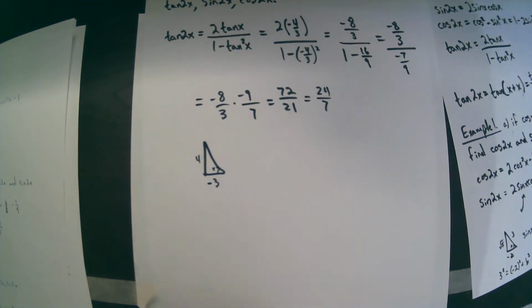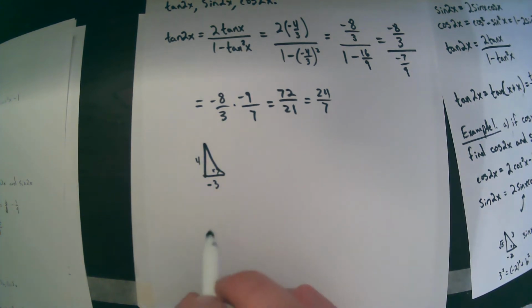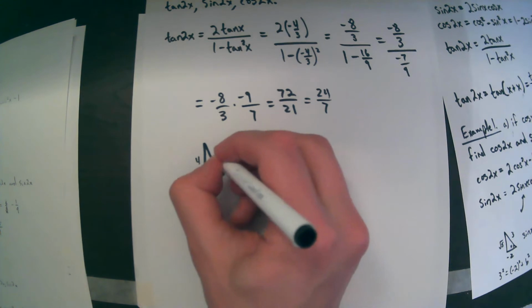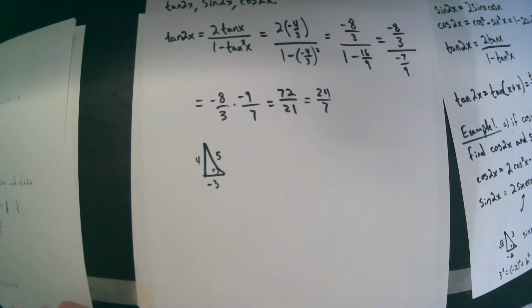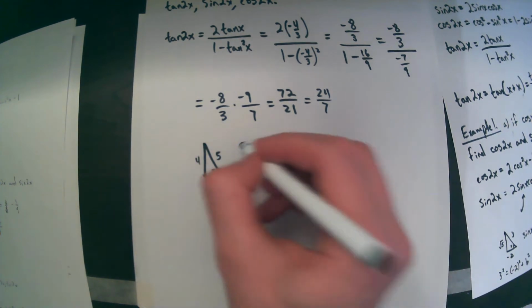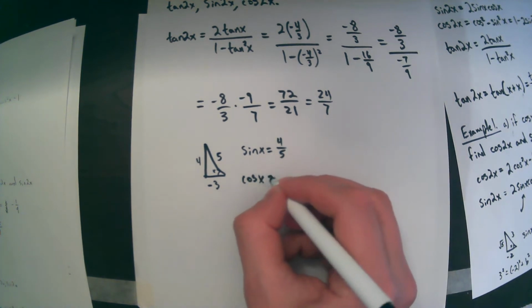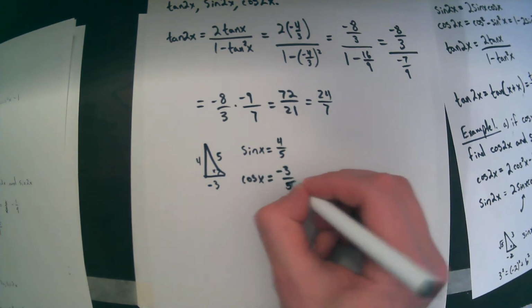Now, Pythagorean theorem. This is actually one of those common triangles, a 3, 4, 5, so I don't need to actually run the Pythagorean theorem. Sine of x will be opposite over hypotenuse, and cosine of x will be adjacent over hypotenuse.